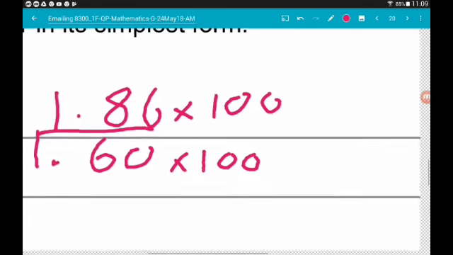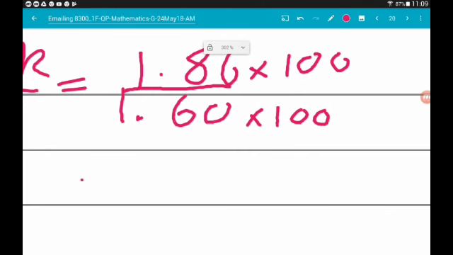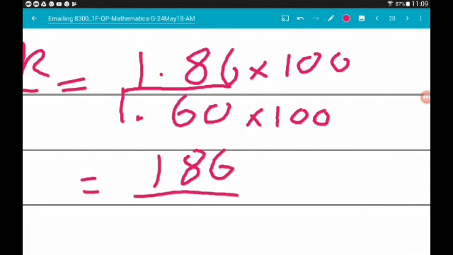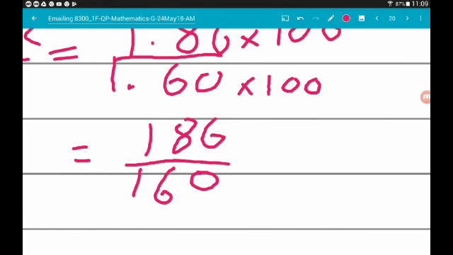So the top, let's do it down here, would then become 186, and the bottom would become 160. So both numbers are now whole. We now want to simplify this as much as possible.